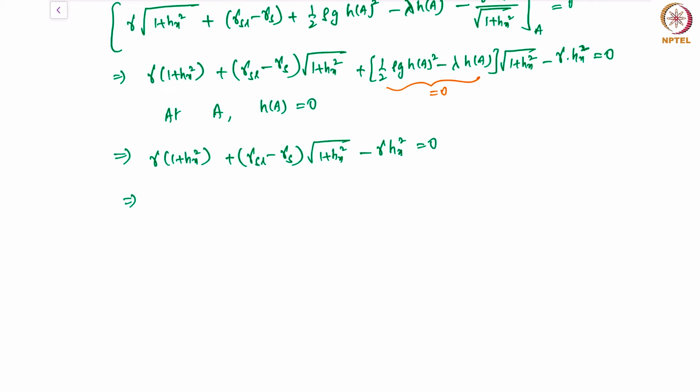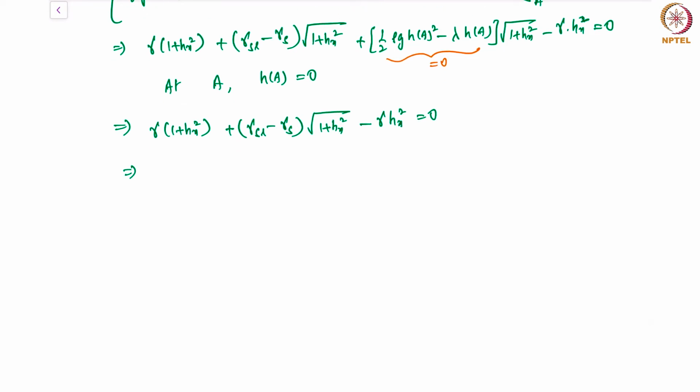We can cancel out the hx square terms in the first term and the last term. I therefore have gamma plus gamma SL minus gamma S times square root of 1 plus hx square equals 0. This is what I have.